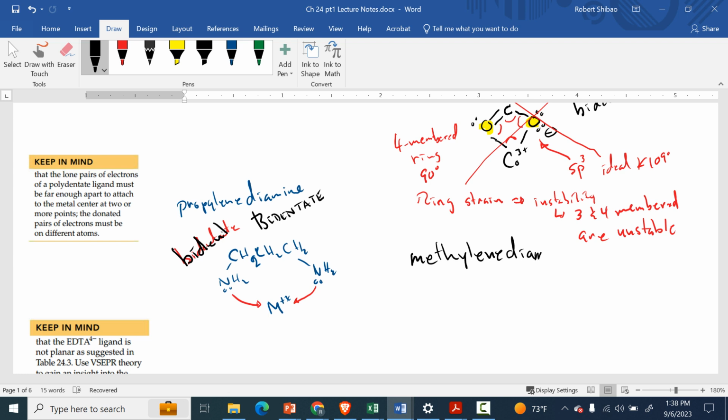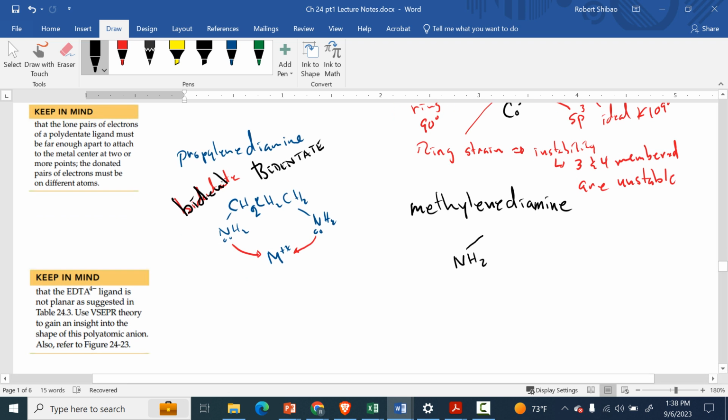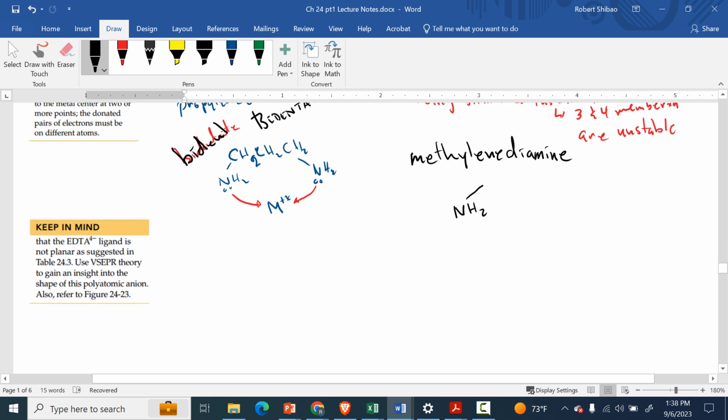One M. So what would it look like? What would methylene diamine look like? It'd have two amines. Now the amines don't have to be NH2. NH2 is common for amines, but it doesn't have to be. It just has to be ammonia-like.